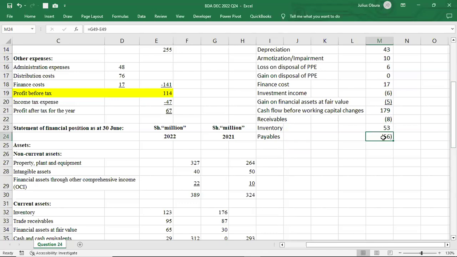These are negative, but we are holding more because we have not paid cash. It's a cash inflow. It should be positive for our payables.